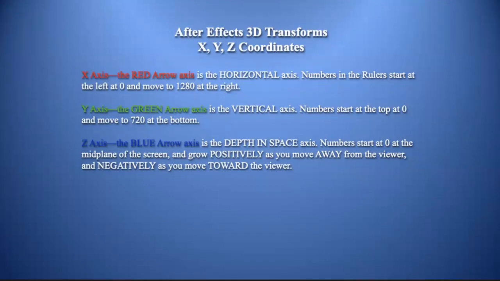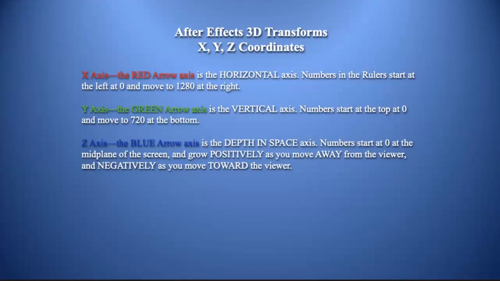Now, if you're working in a different size file, it's going to depend on what width and height the file is. But because we're using the 1280 by 720, I'm just going to tell you so you can think about it and relate it to what you're doing. That 1280 is the width of the file, and the 0 is on the left, and the 1280 is on the right. The Y-axis is the green arrow axis, and it's the vertical axis. Numbers start at the top of the file at 0 and move downward to 720 at the bottom.